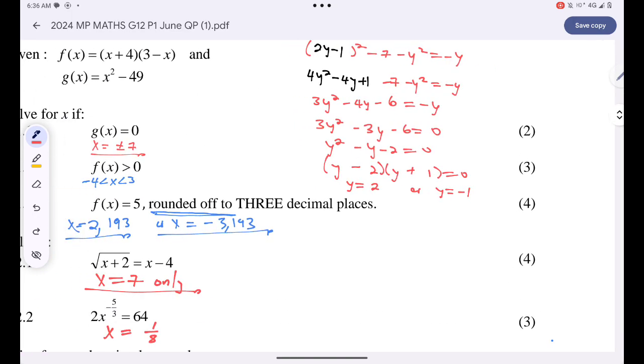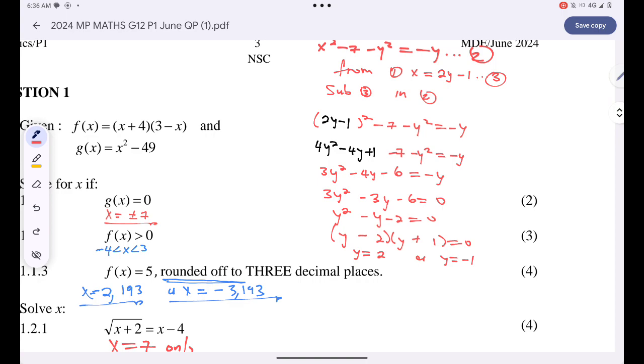After finding y, I can go and find the corresponding x values. When y is equal to 2, x should be equal to 2y minus 1. This will just give me 3. And then when y is equal to negative 1, x is equal to 2y minus 1.